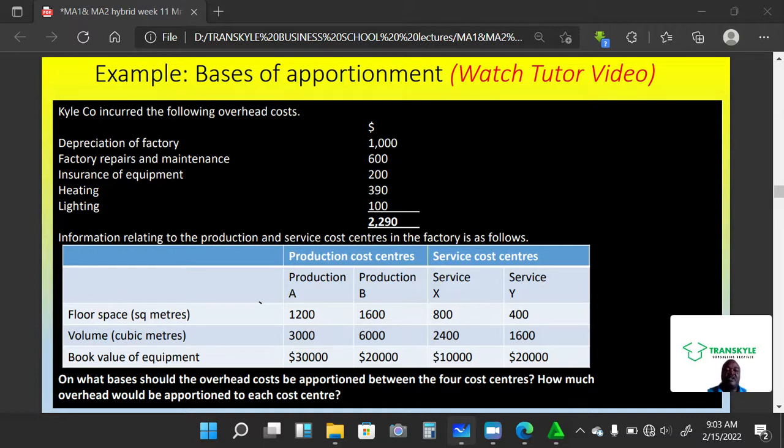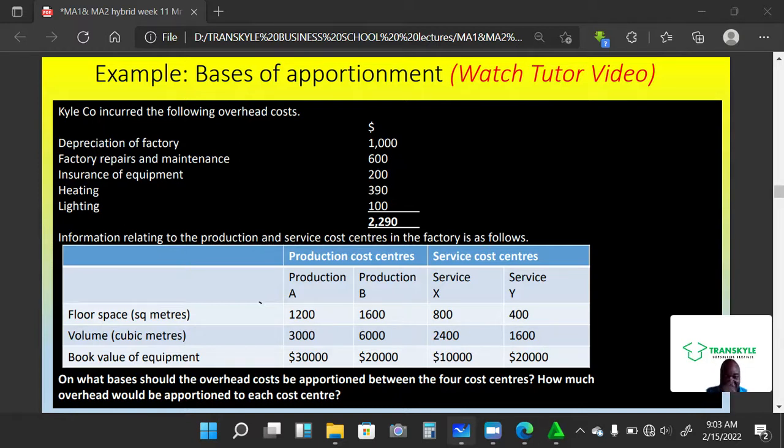Volume in cubic meters, 3,000, 6,000, 2,400, 1,600. Book value of equipment, those figures. Then on what basis should the overhead costs be apportioned between the four cost centers? And how much overhead would be apportioned to each cost center?